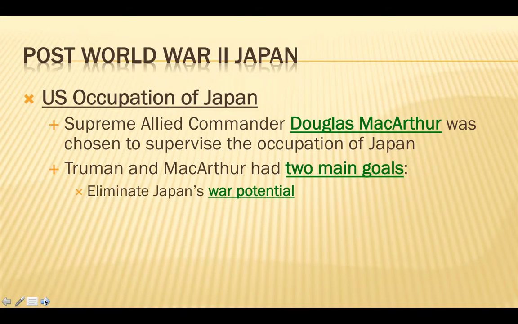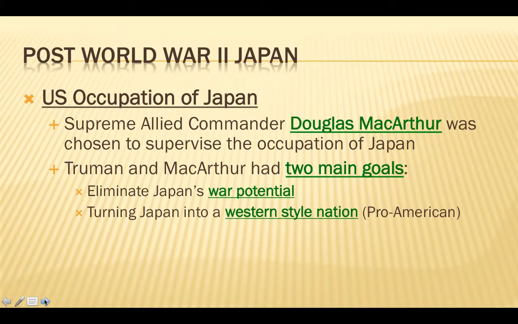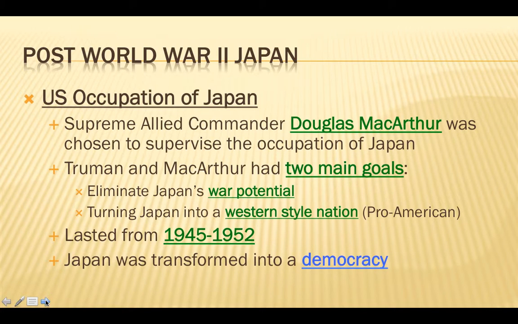They want to eliminate their potential to have a war, and they also want to turn Japan into a Western-style nation like America. The occupation lasted from 1945 to 1952, and Japan was turned into a democracy like we have today.